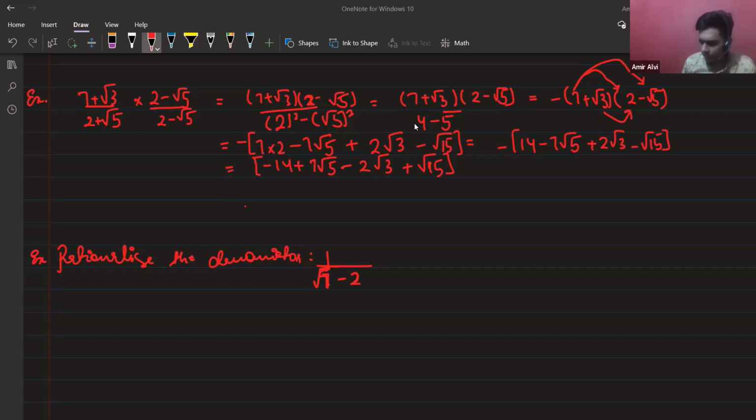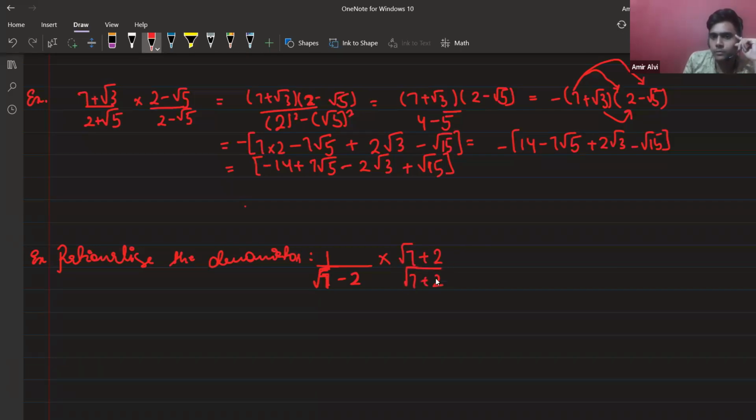Done? It's a very easy one, dear. Okay, look at the screen, Simrat. No need to worry. What you will do here? Multiply by root 7 plus 2 divided by root 7 plus 2.